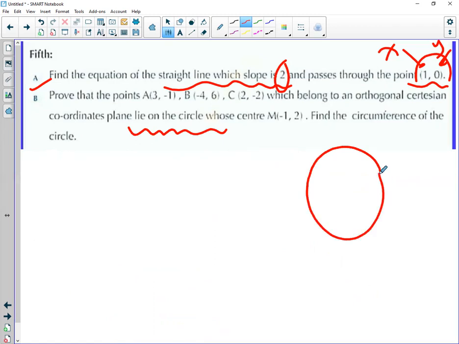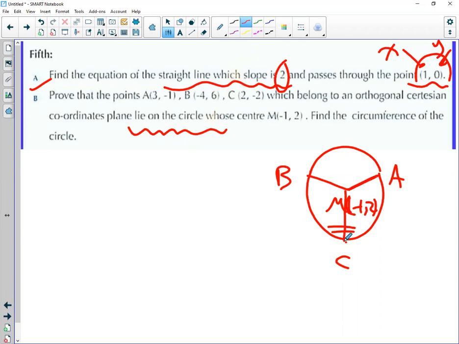Okay, this is, for example, the circle, and this is the center of the circle. The center of the circle is M, and M equals (-1, 2), represented in the coordinate plane. So we need to prove the point A, point B and point C lie on the same circle.